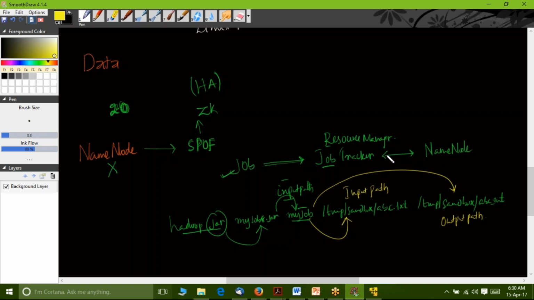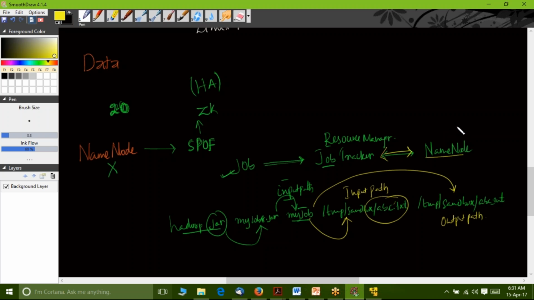So when you submit the job to the job tracker, it is going to ask the name node, the client has submitted a job to me to process some data set. Please tell me the blocks where abc.txt resides on the cluster. Job tracker is going to ask the name node, I want to process the file called abc.txt or a directory called xyz, whatever it is.